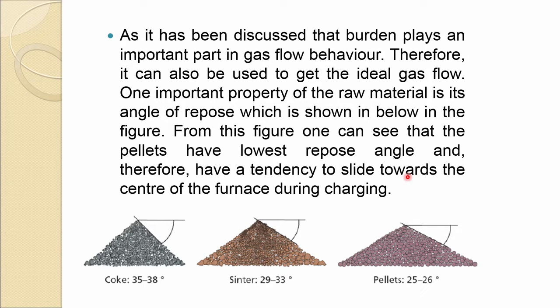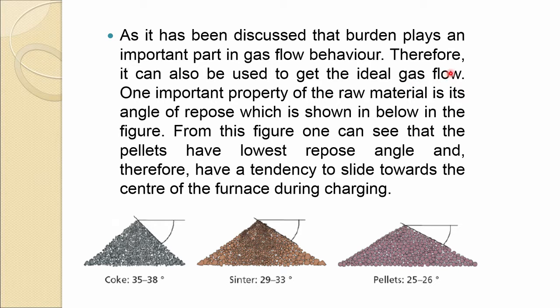Now, another important property of the raw material is the angle of repose. The burden plays an important part in gas flow behavior, as we have seen in the previous slides. Therefore, it can also be used to get the ideal gas flow.